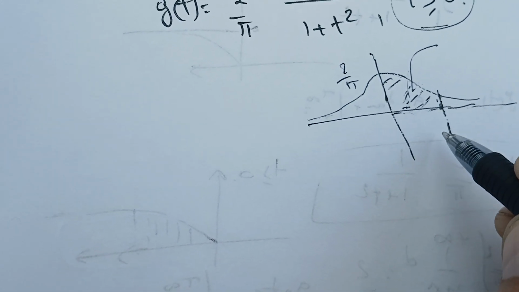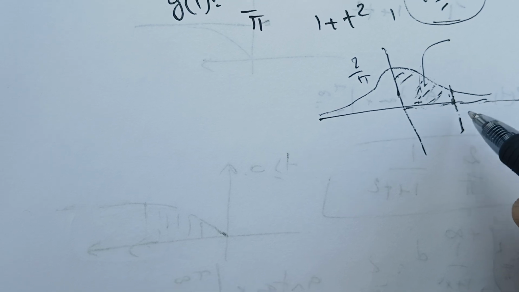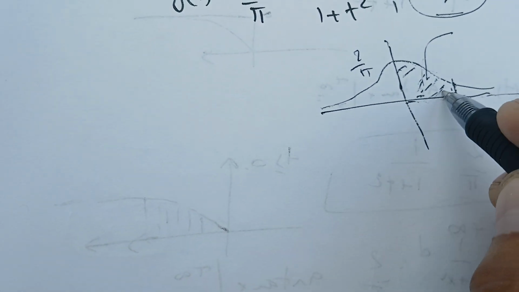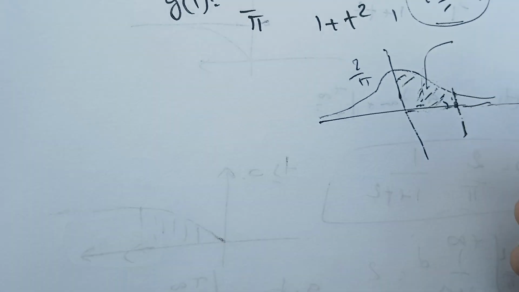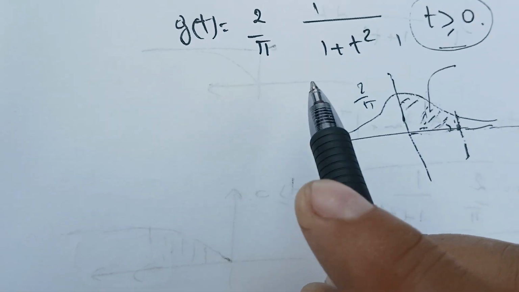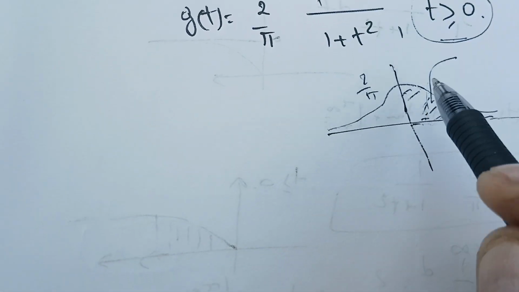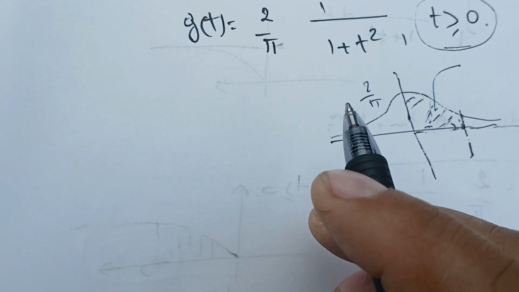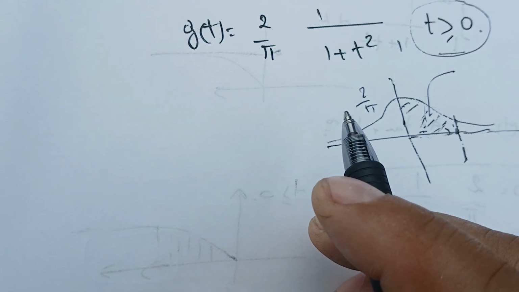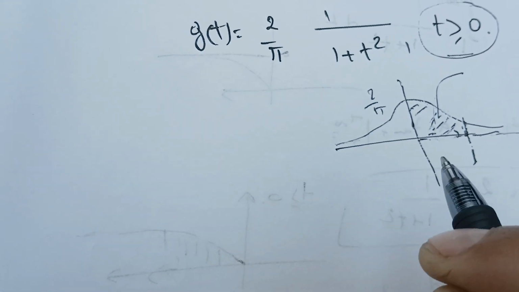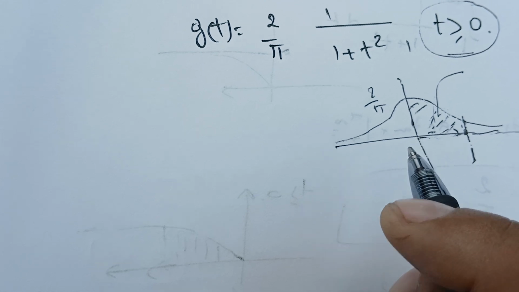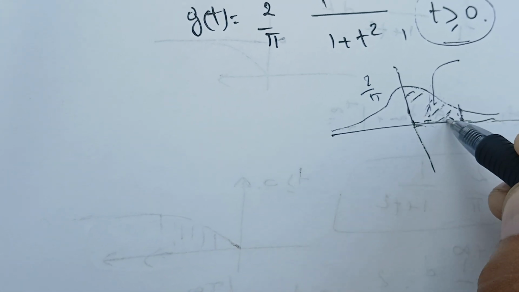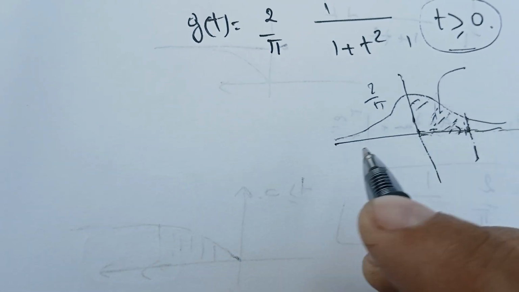So when t is 1, if we assume that t is in hours, the probability that I will be waiting for the bus no more than 1 hour means I'm going to be between 0 and 1.